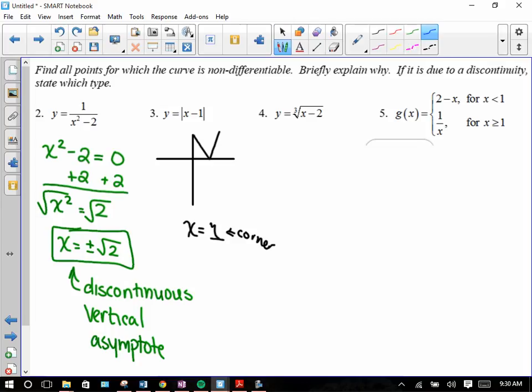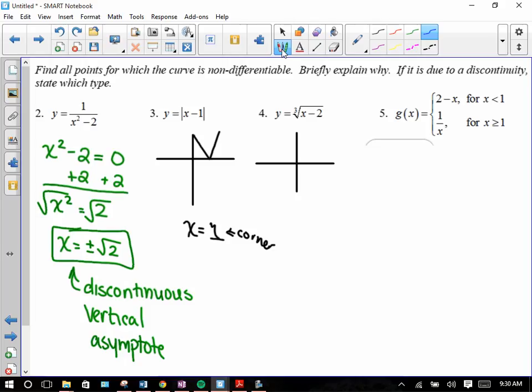Now you look at the cube root of x minus 2. What we need to know there is what the graph of the cube root of x looks like, which you know what that looks like as well.